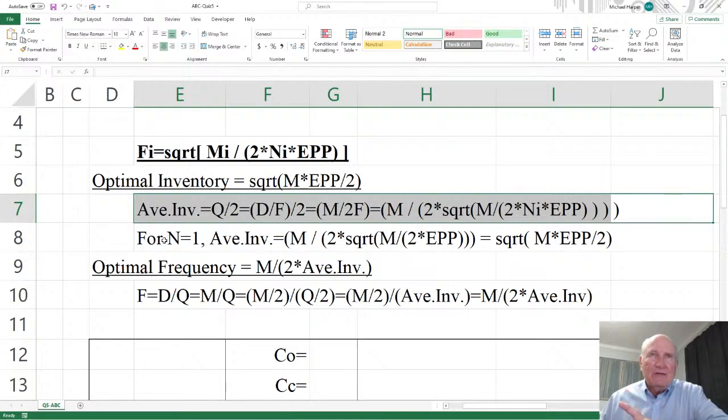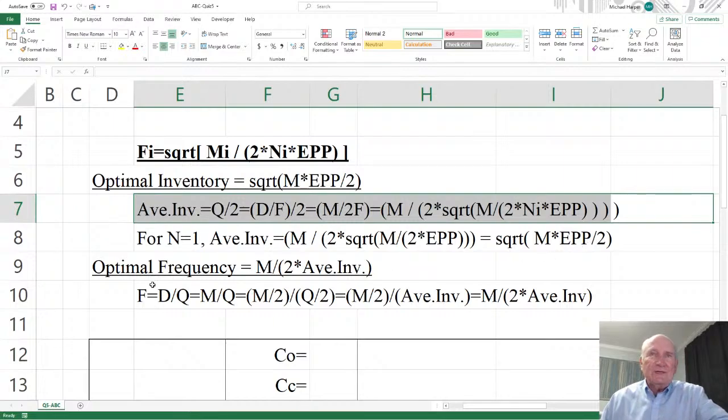If N equals 1, then this becomes M over 2 times the square root of M over 2 times EPP, where N is just 1. I collect terms, and I have the square root of M times EPP over 2. So I bring the EPP up, I bring the M inside the radical, and then I have M times EPP, and the 2 in here would be 4 in the denominator, 2 in the numerator, so it's over 2.